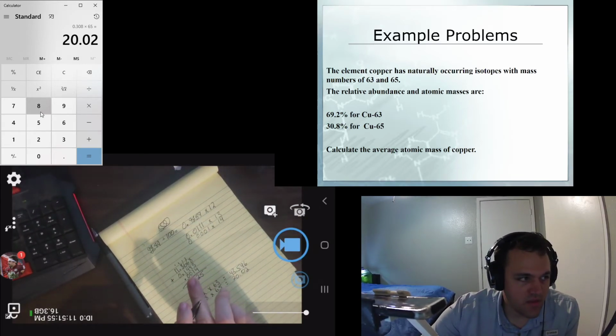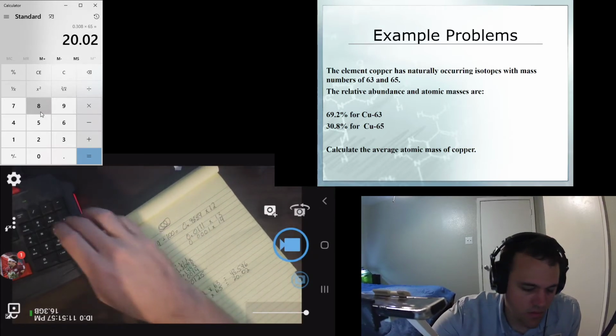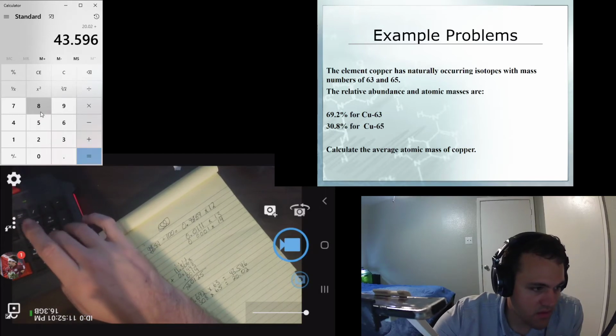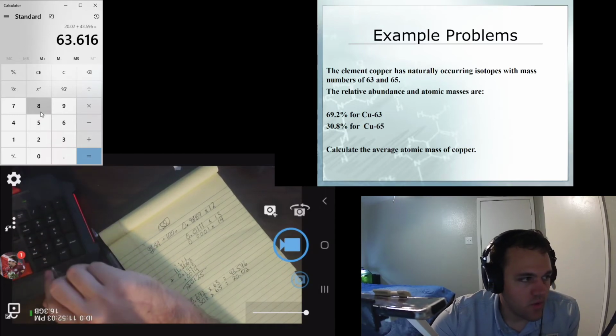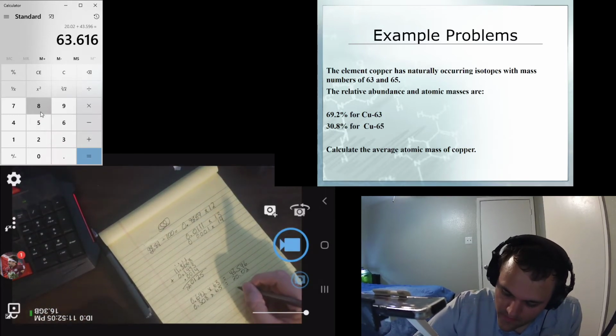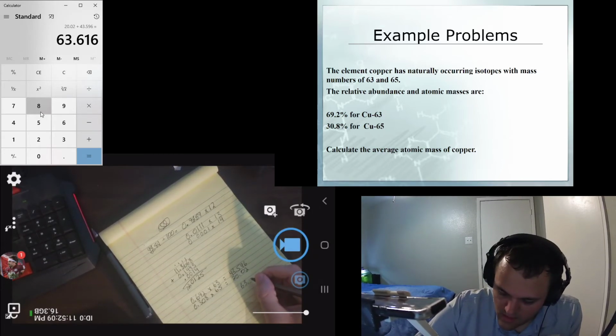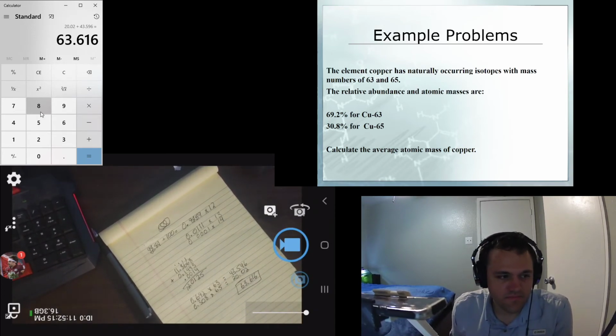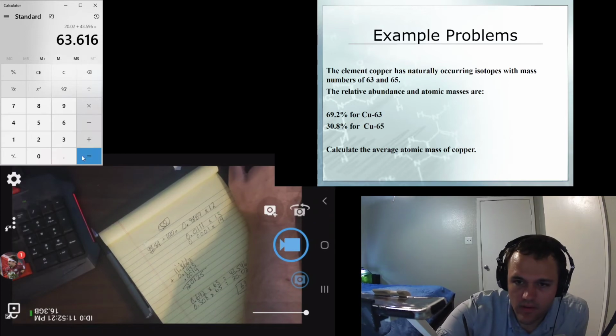So when we add these together, 20.02 plus our 43.596, we get 63.616 as our average atomic mass. Pretty straightforward. We'll do one more together.